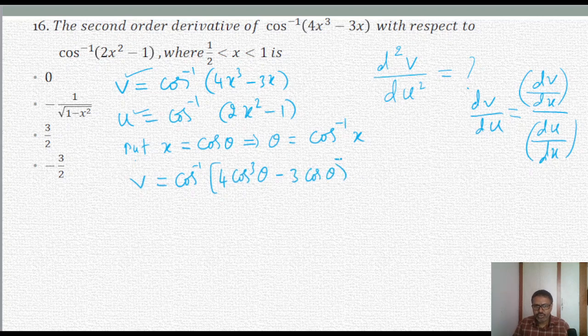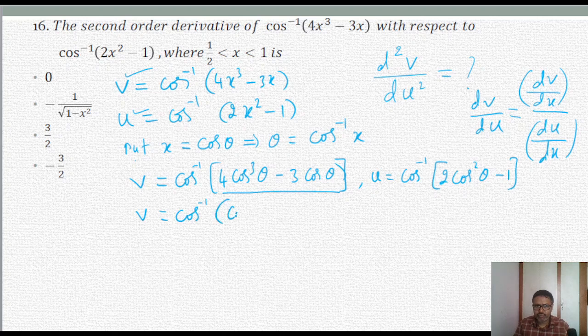And u will become cos inverse of (2 cos square theta minus 1). Do you remember these formulas from trigonometry? This is the formula for cos 3 theta, so you can write it as cos inverse of cos 3 theta. And this is the formula of cos 2 theta, so you can write it as cos inverse of cos 2 theta. So v is equal to 3 theta and u is equal to 2 theta.